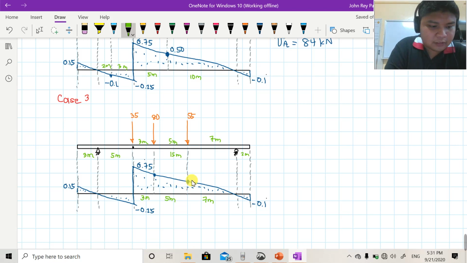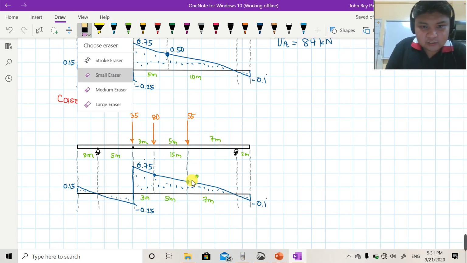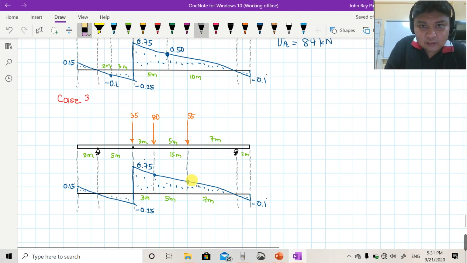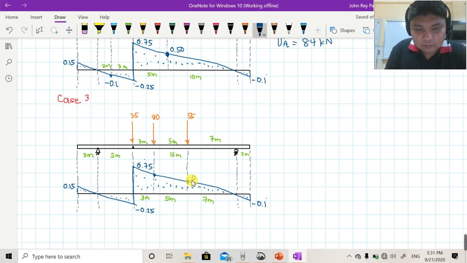So, computein ko na lang siya using my calculator na hawak ko ngayon. Kasi nga, para tipid sa oras, no? Pero, the process will be just the same din lang naman. Ito class ay magiging 0.35. Okay, no? So, hindi naman na yun mahirap, no? Sorry, medyo nag-error lang aking OneNote. So, sige, lagay lang natin as 0.35.